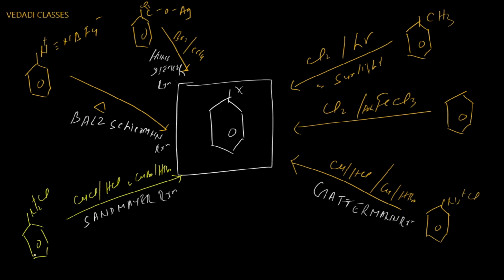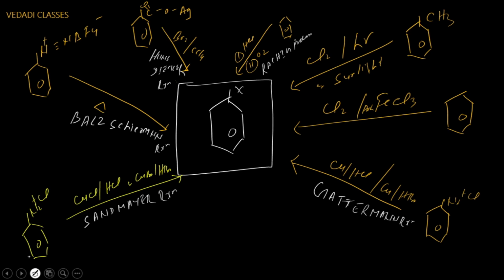Now again we have one more, that is the Raschig process. The Raschig process is when we take benzene and HCl under oxidation. This is the commercial method of preparation of halobenzene, the chlorobenzene.